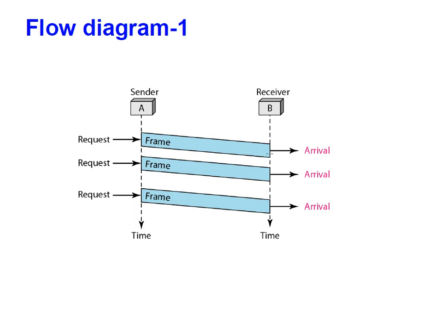So when a frame is transferred from sender A to sender B, it arrives here. Similarly, another frame is sent, it arrives here. A third frame is sent, it arrives here. So in every case, whatever frame is sent, if it has arrived at B, there should be another handshake as an acknowledgement to say that this frame has arrived in proper order.